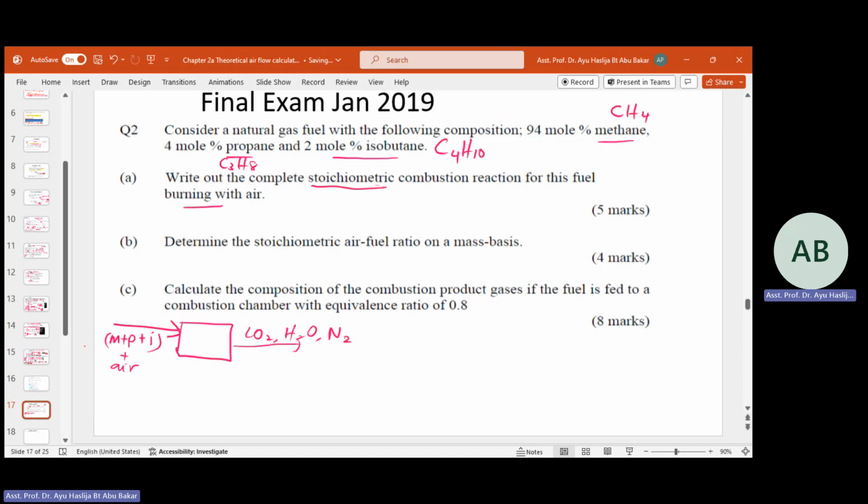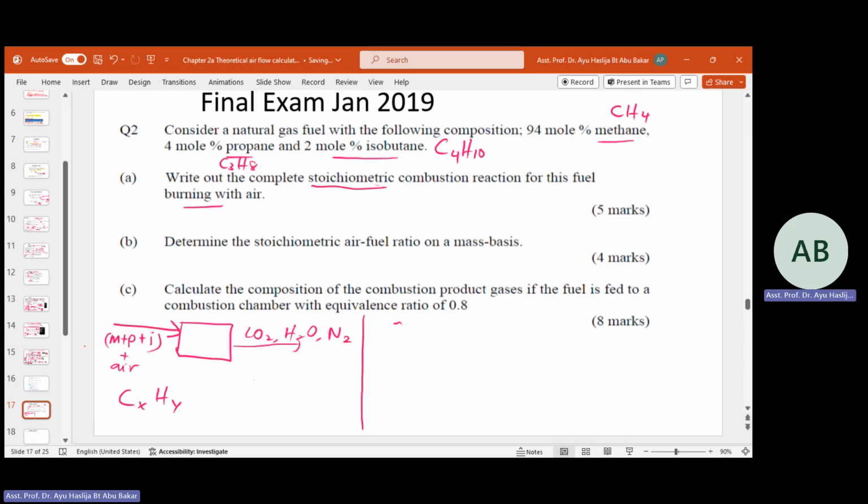So kita kena cari dia punya fuel dulu, sebab fuel tu is a mixture. So similar as previous, kena cari C and H from the mixture.